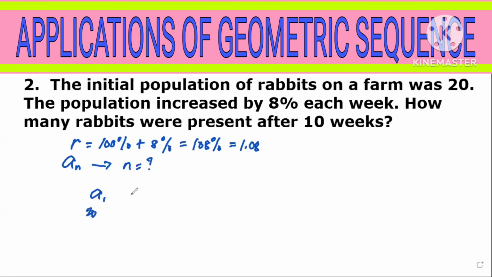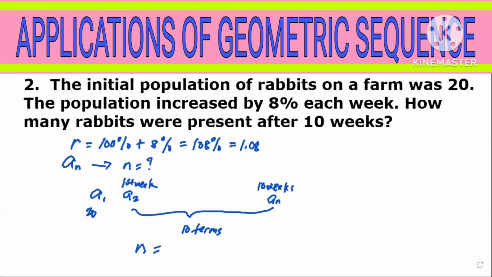Now, the amount after a week will fall under the second term, right? Here is our first week. And therefore, if we have 10 weeks, which term will it fall under? So from a sub 2 up to 10 weeks, we have 10 terms, right? And therefore, n is equal to the first term, which is a sub 1, plus 10, that would give you 11 terms, right?